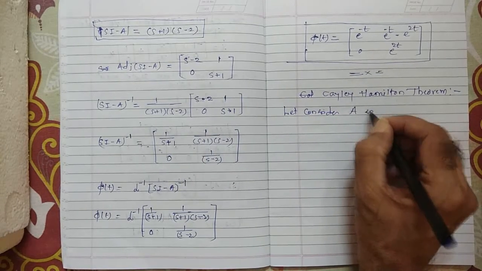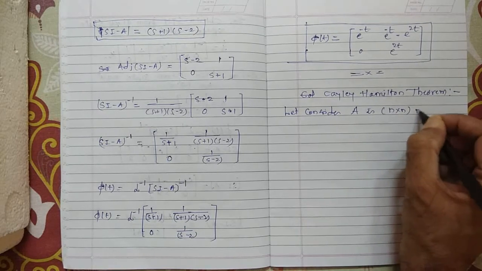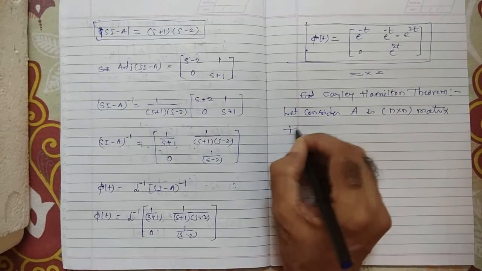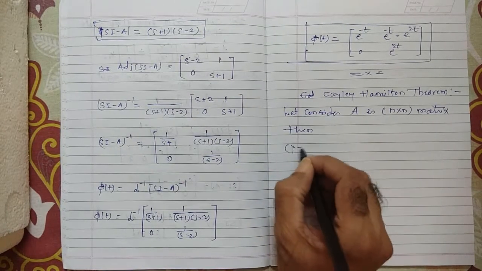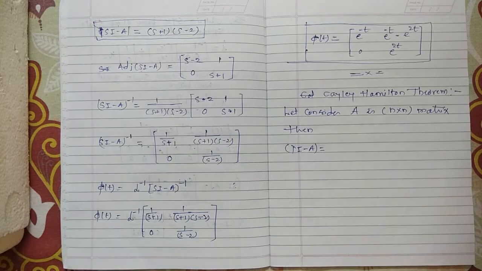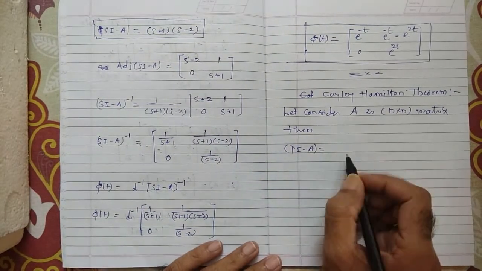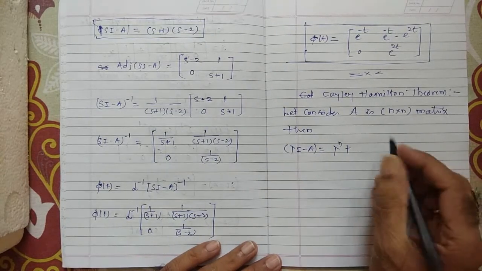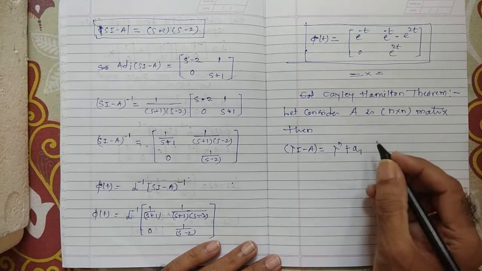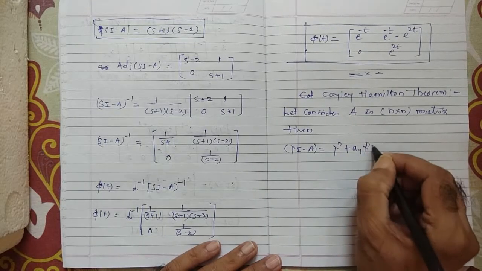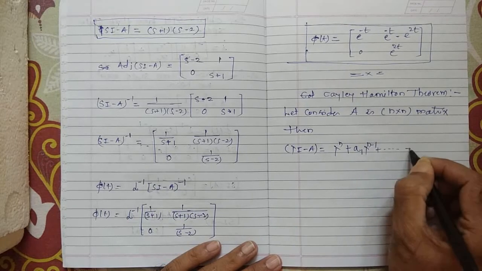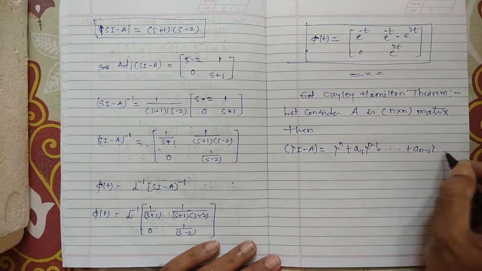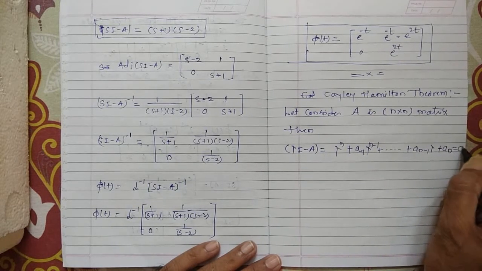A is an n by n matrix, then we can write lambda I minus A is equal to lambda raised to n plus a1 lambda raised to n minus 1 plus so on plus a n minus 1 into lambda plus a n, it is equal to 0.